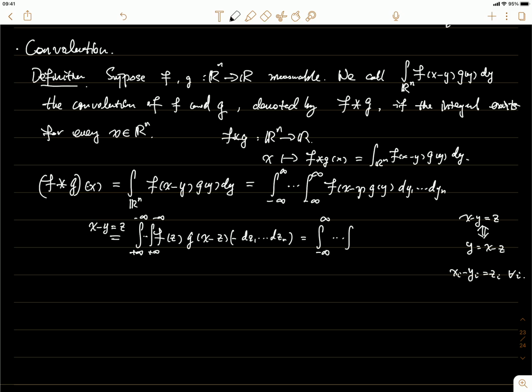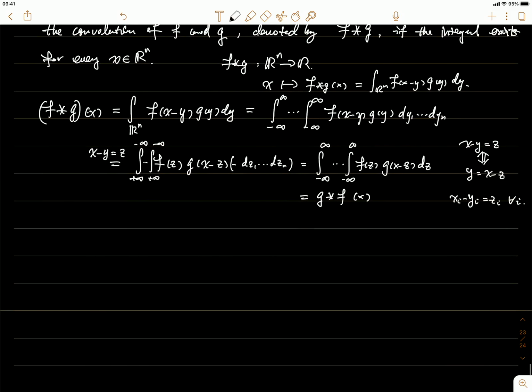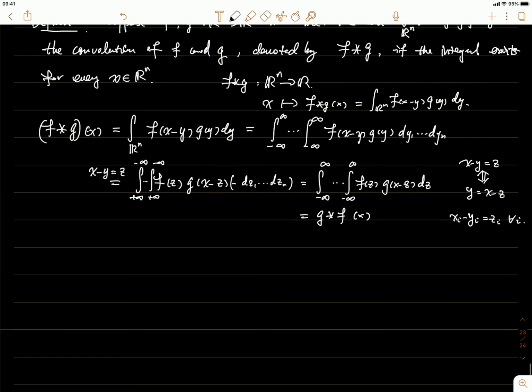Okay, just go back to the normal. And we have f of z, g of x minus z dz. And then z is just a symbol, so it's essentially just equal to the convolution of g and f at x. Okay, that's why the convolution actually is commutative.